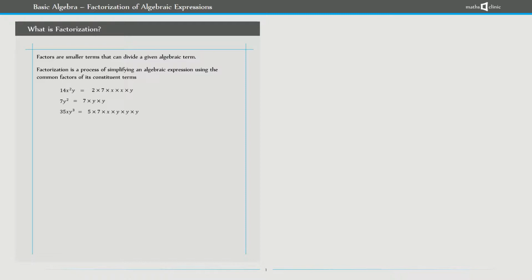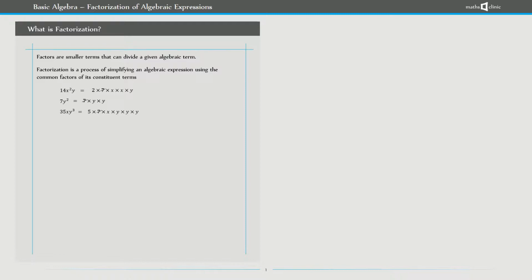So these are the factors of the given terms. Now we've been told factorization is the process of simplifying an algebraic expression using the common factors, so we're going to find the common factors here. What factors are common to 14x squared y, 7y squared, and 35xy cubed? I think we have sevens. There's a 7 at the top, a 7 in the middle, and a 7 at the bottom, so I can cross out the 7s. Is there any other common factor?